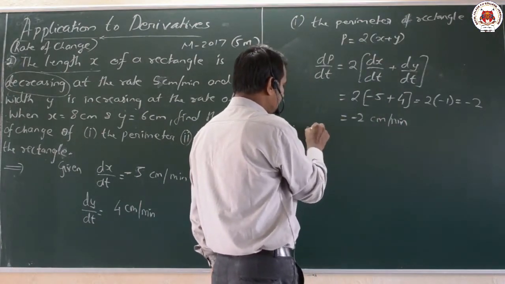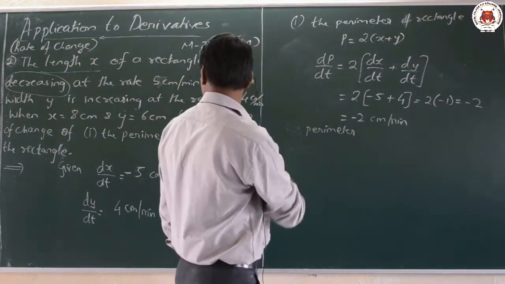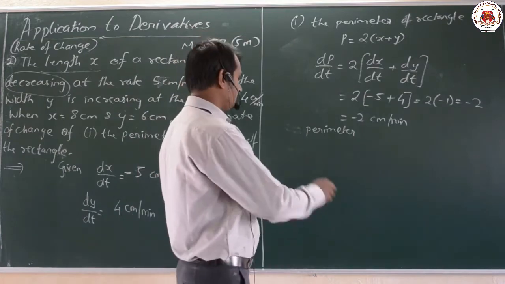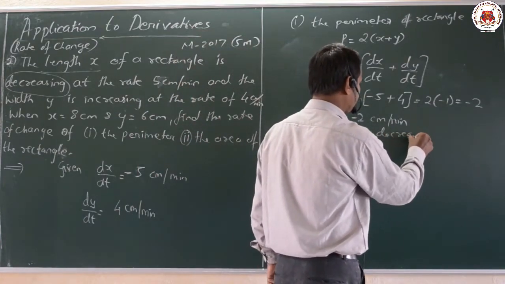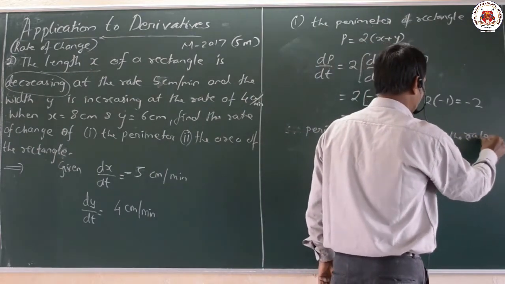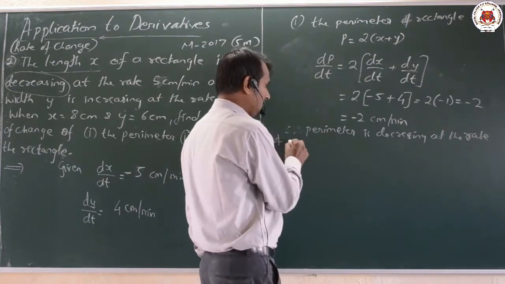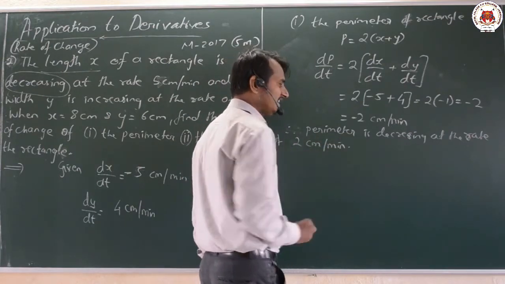Therefore the perimeter is decreasing at the rate of 2 centimeter per minute. That is the required result.